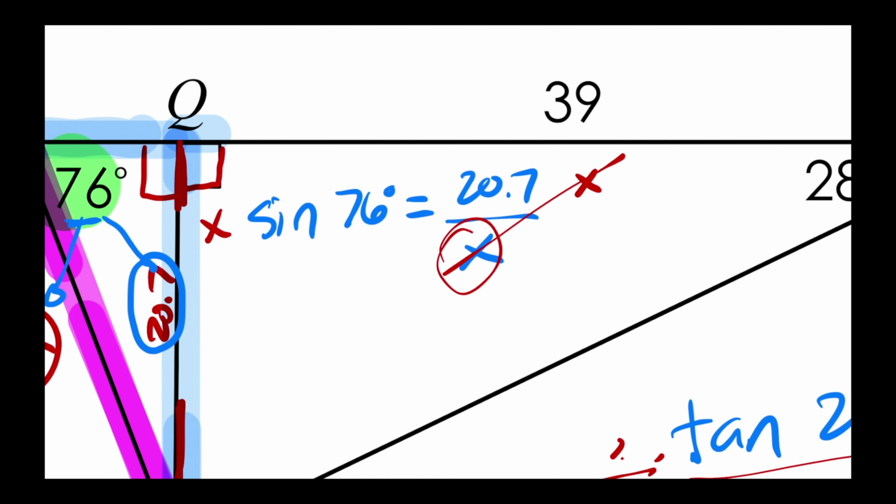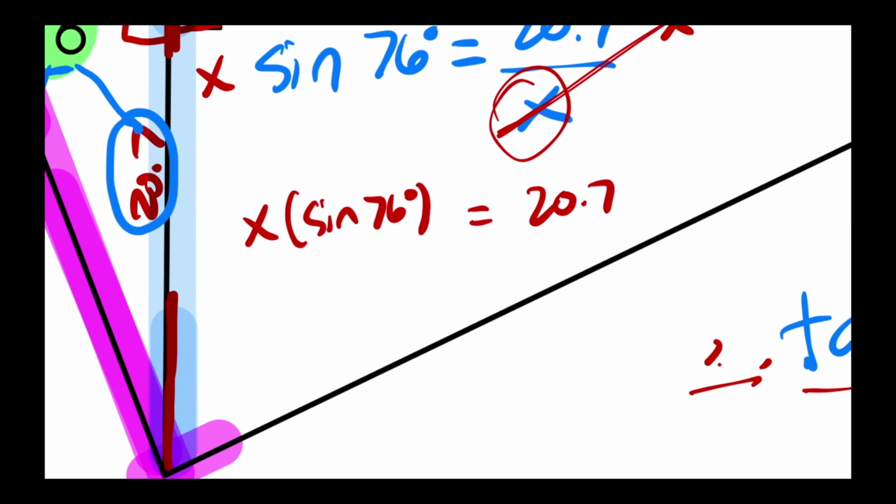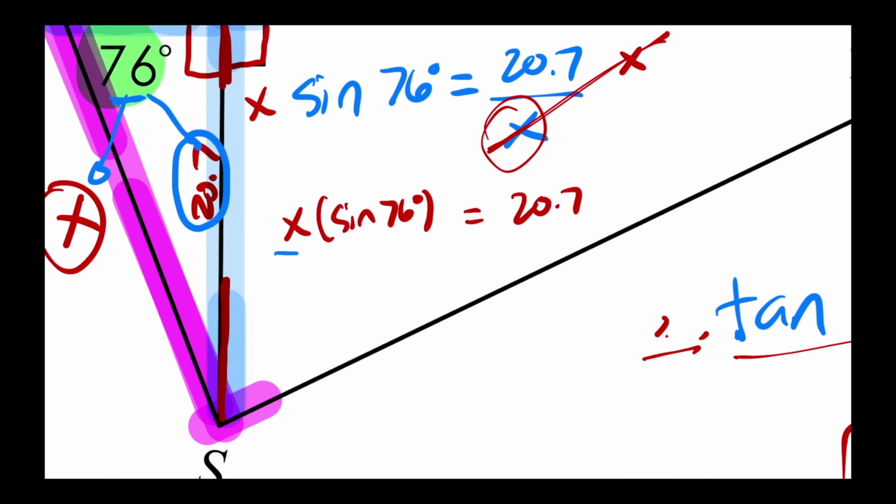So I get 20.7 on this side, and I get x times the sine of 76 degrees. If I want to get x by itself, I will divide both sides by the sine of 76 degrees. Cancel, cancel. So now x is by itself.